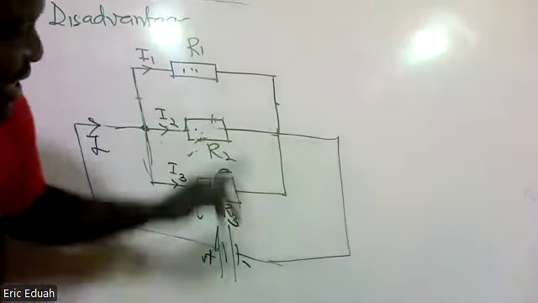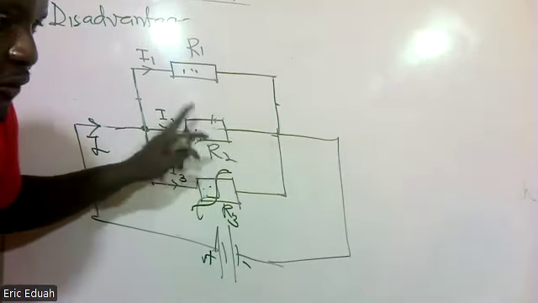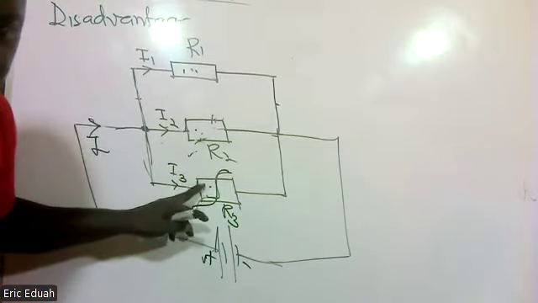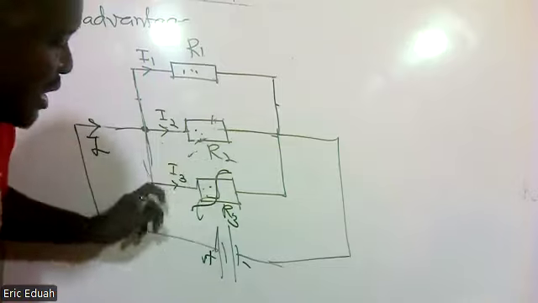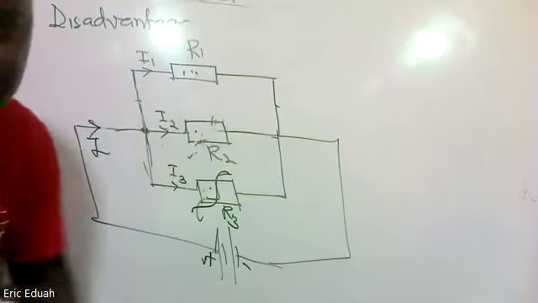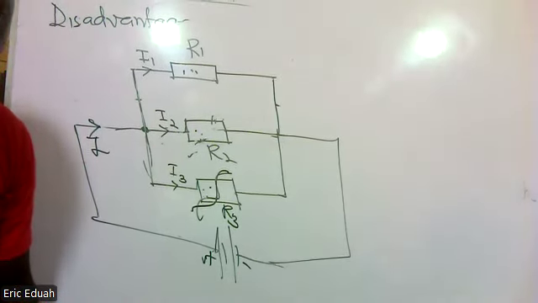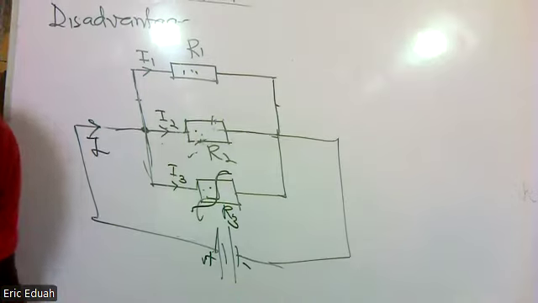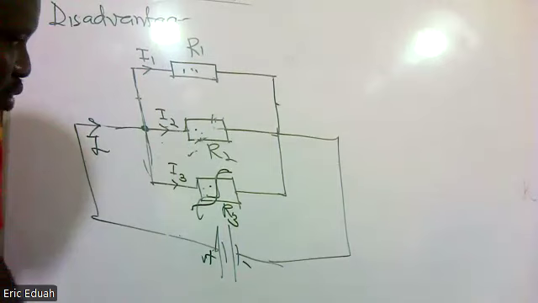So you can connect electric heater, fridge, and air conditioner in parallel, because at the end of it, they will all have their separate currents to work with.